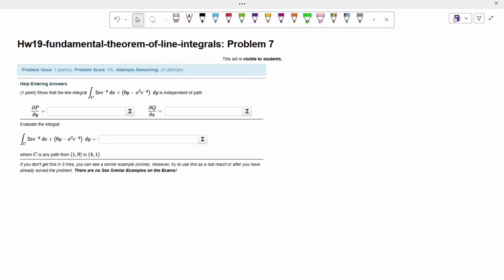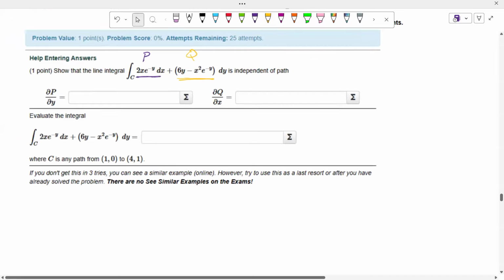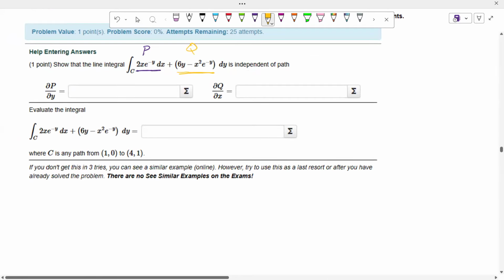In our case, we need to look at p dy and q dx to check to see if our field is conservative. P being the x component and q being the y component. So I need to look at p partial y. The partial derivative of p with respect to y looks like it's going to be negative 2x e to the negative y.